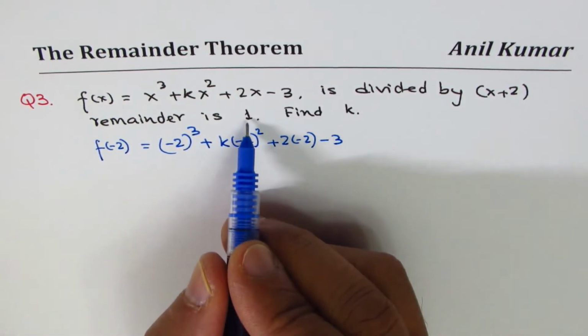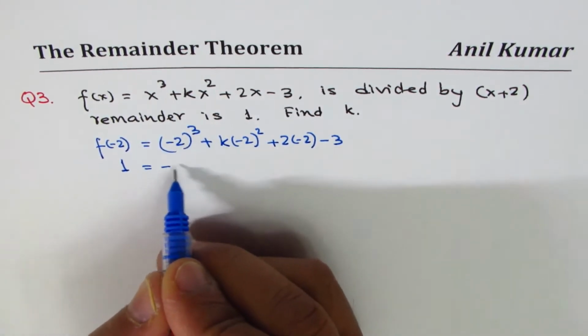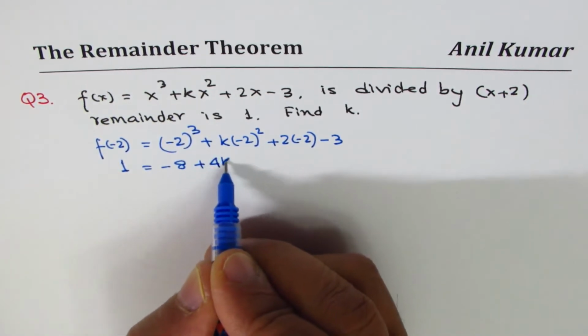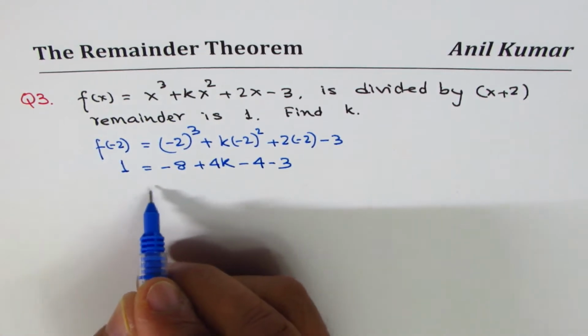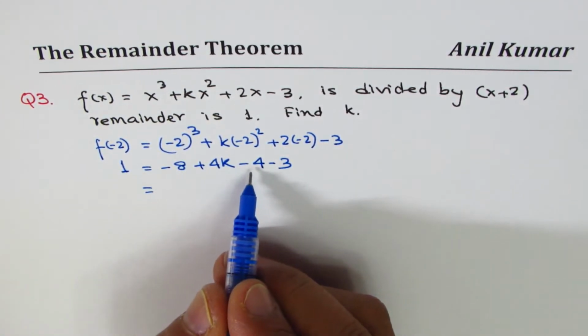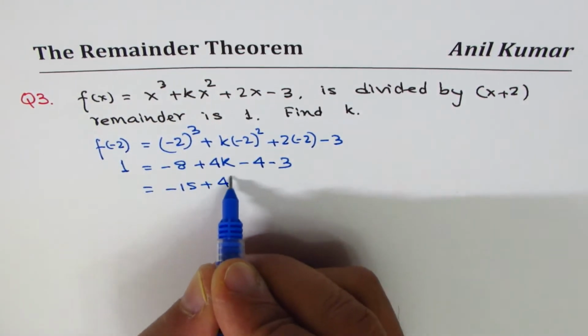And this value should be equal to 1 since 1 is the remainder, right? So we say 1 equals to minus 2 cubed is minus 8, and that gives you plus 4k minus 4 minus 3. So what we have here is minus 8 minus 4 is minus 12, and then we get minus 15 plus 4k is equal to 1.